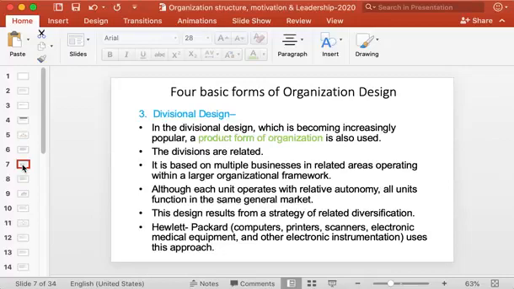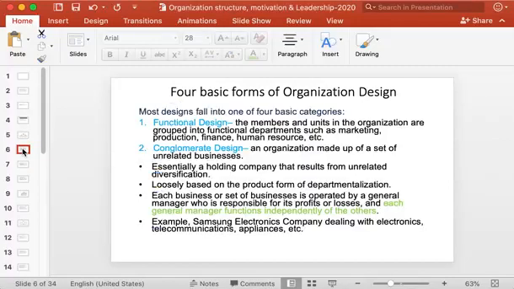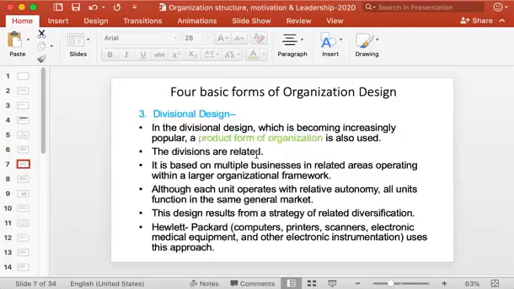Another form of organization design is divisional design. This is similar to conglomerate design, in the sense that the organization structure is created by forming departments and units based on product.